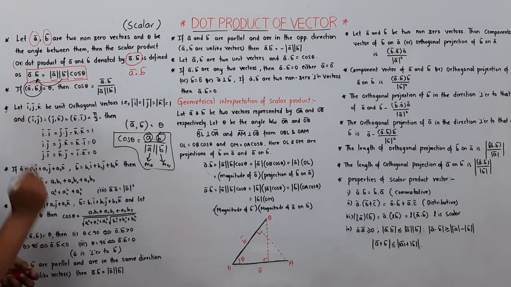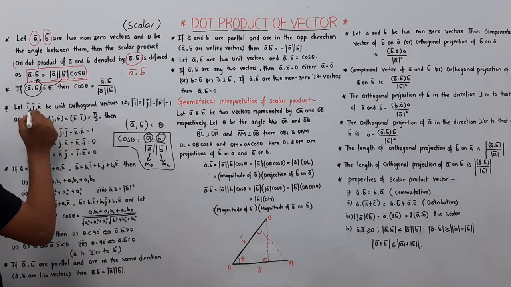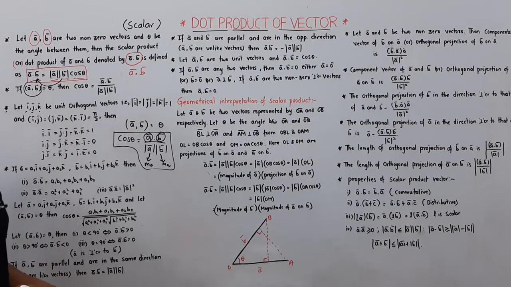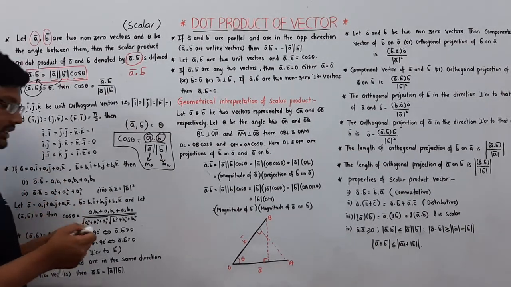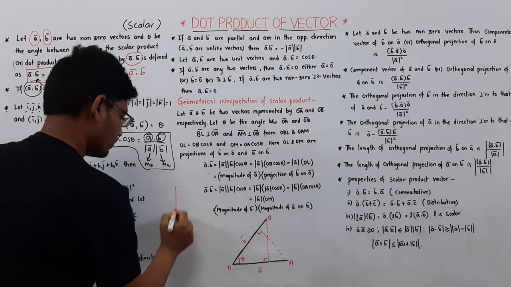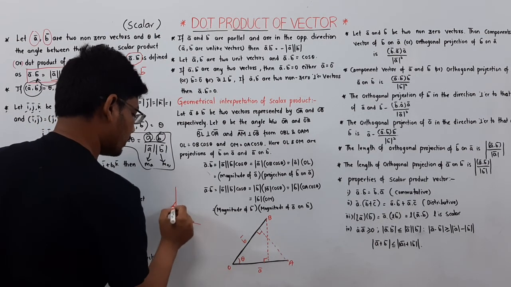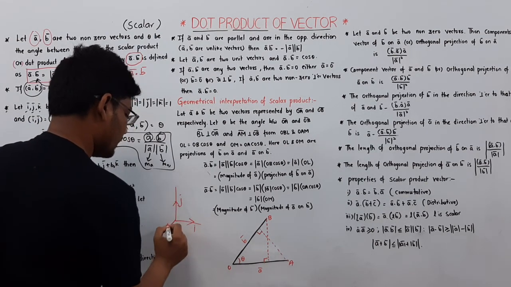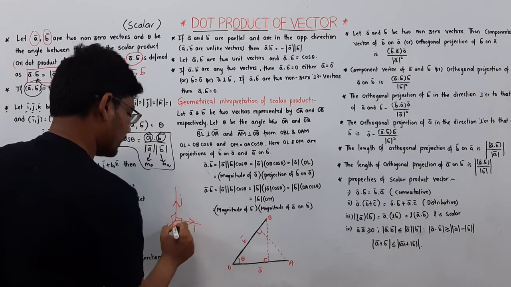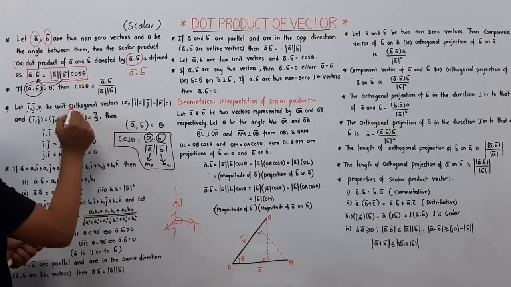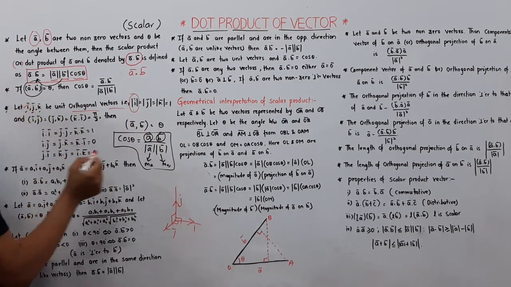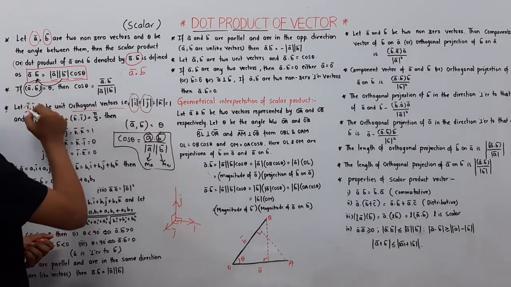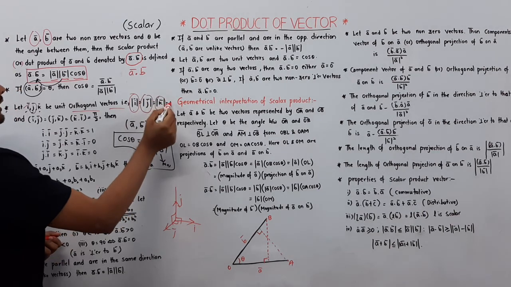Now the third point is: let i bar, j bar, k bar be unit orthogonal vectors, that is, they are perpendicular to each other. Then for unit orthogonal vectors, the magnitude of i bar, magnitude of j bar and magnitude of k bar are each equal to 1.